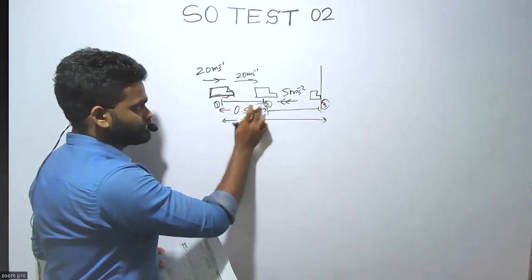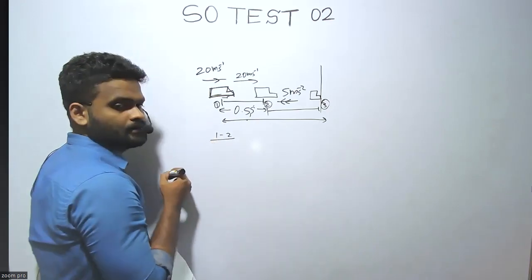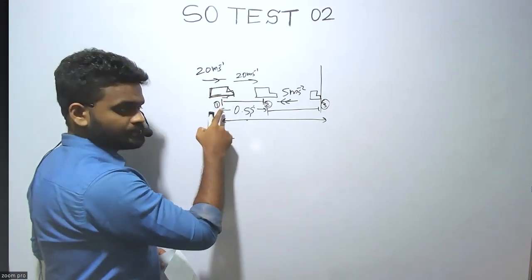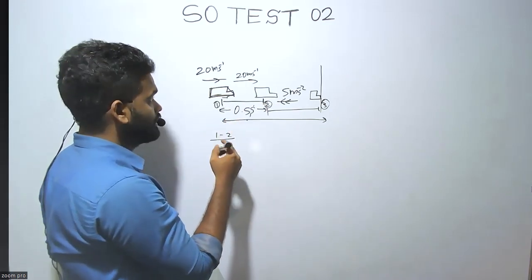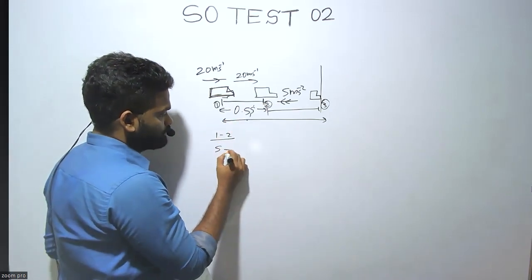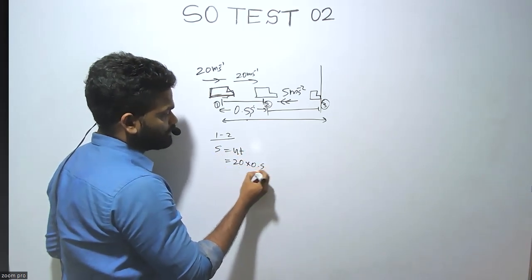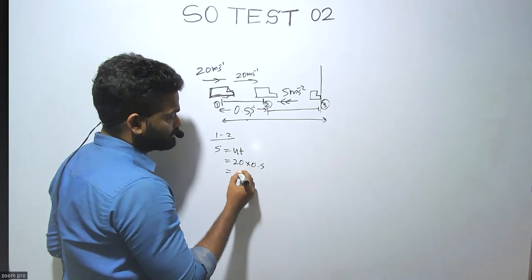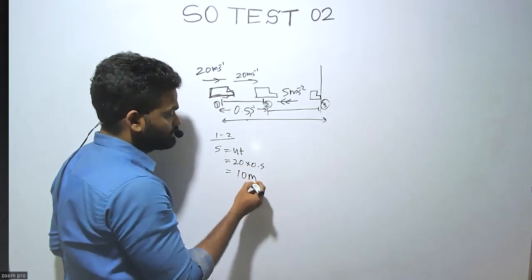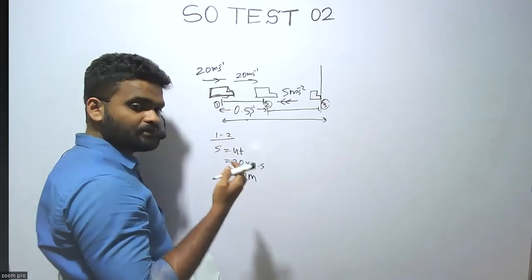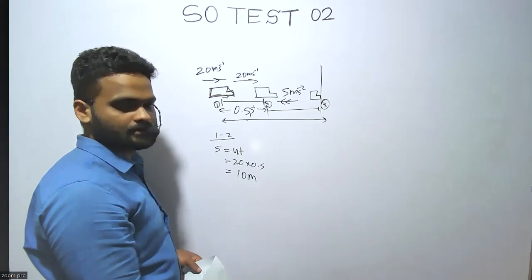You need to find this distance. Within the reaction time, it is moving at constant velocity. So you apply s equals ut. Speed is 20, time is 0.5. So this is 10. 0.5 means half, right? So within the reaction time, it moves towards the wall 10 meters. Okay, 10 meters.